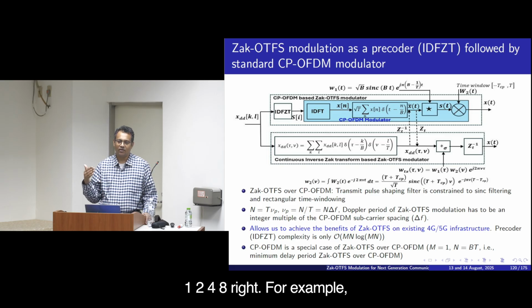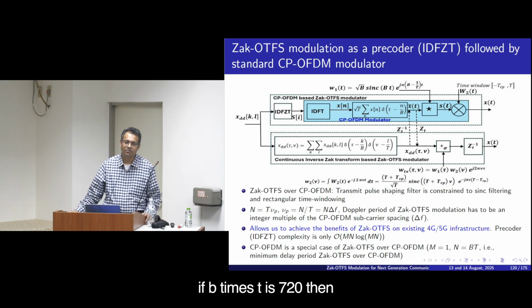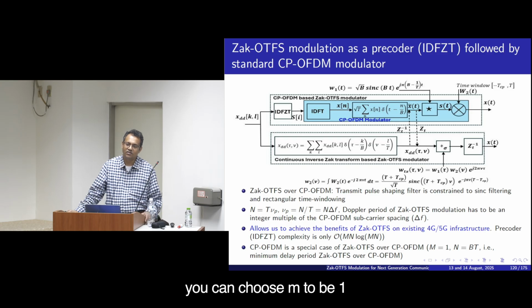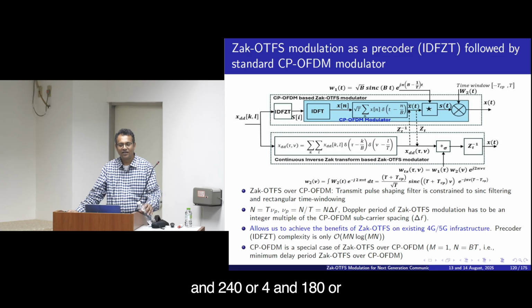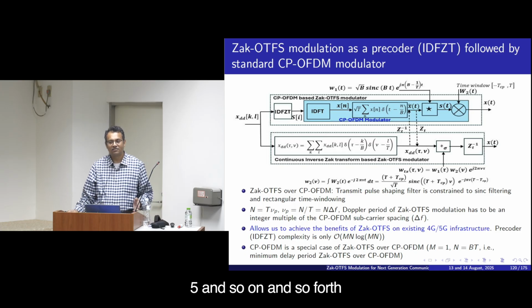You can change M: 1, 2, 4, 8, right. For example, if B times T is 720, then you can choose M to be 1 and N to be 720, or M equal to 2 and 360, or 3 and 240, or 4 and 180, or 5 and so on and so forth, right.